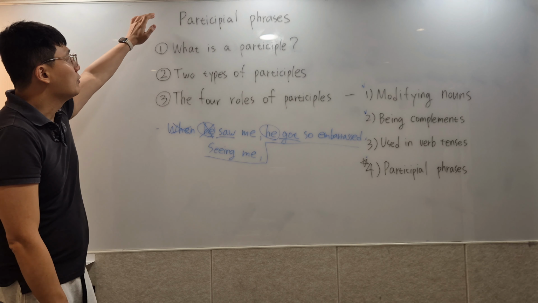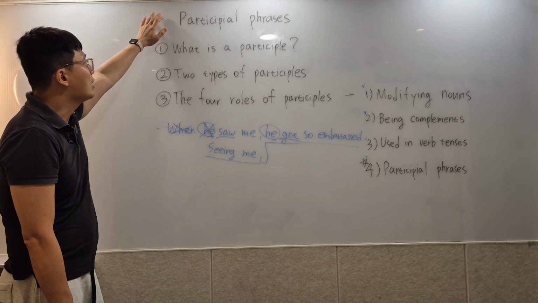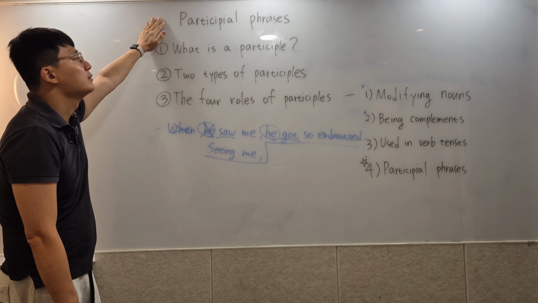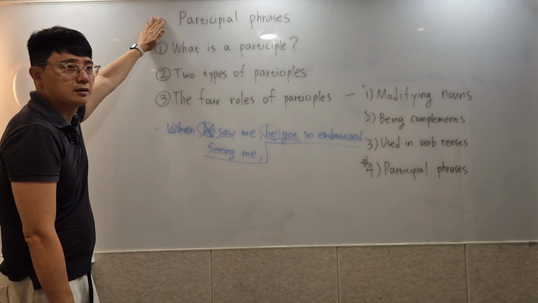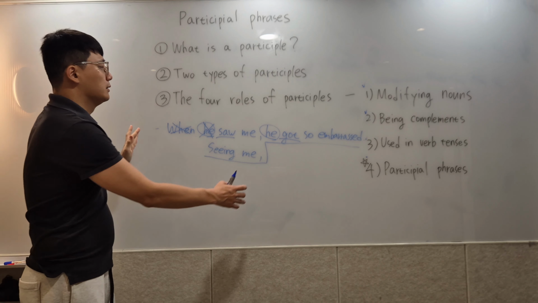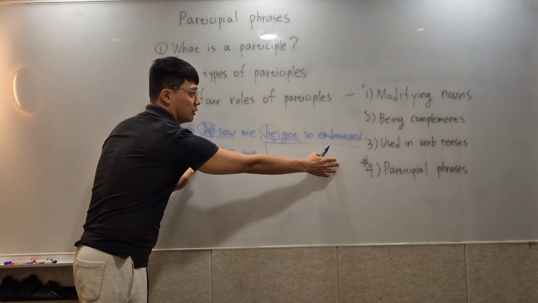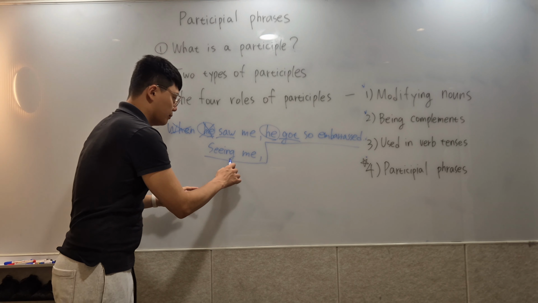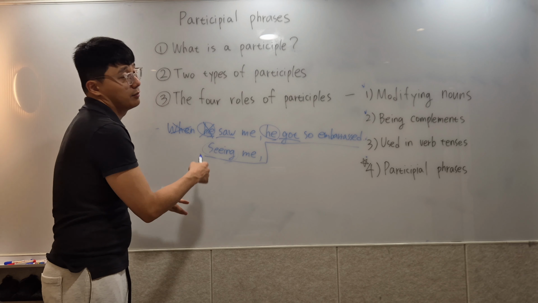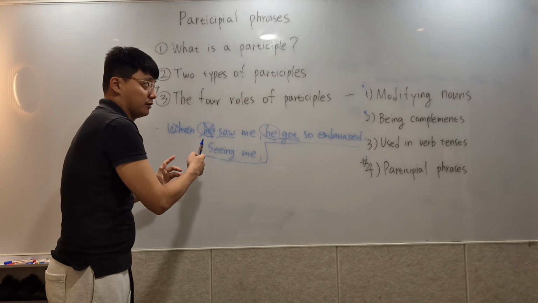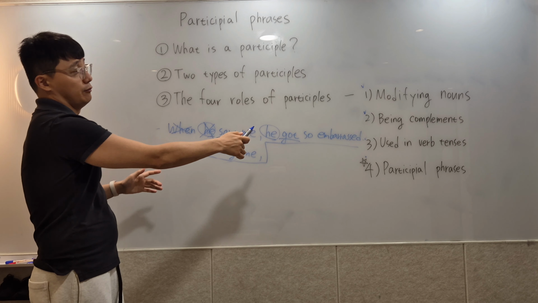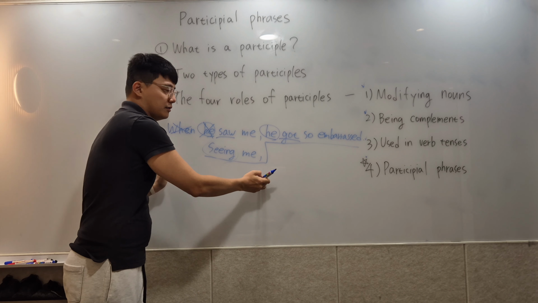So what do participial phrases do? They help make a long sentence shorter by using a participle, which is a present participle here, but sometimes you use a past participle in other cases, like in the passive, when you use the passive voice in the dependent clause.